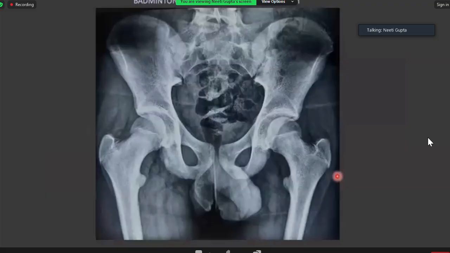Coming to the next case, a 15-year-old badminton player with pain in the right gluteal region. So, do you see anything? 15-year-old badminton player with pain in the right gluteal region.